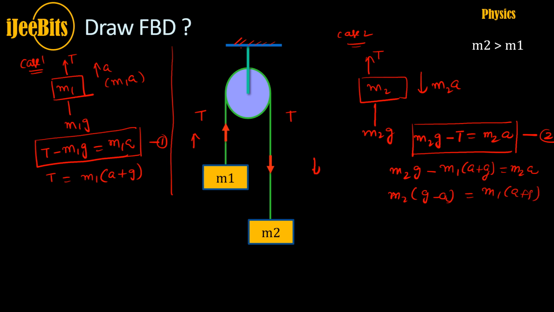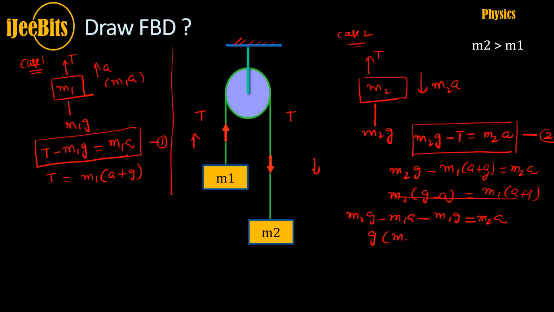Am I missing something here? What we wanted is to calculate the A value, so this A should be taken out. No, this is wrong, right? So here M2G minus M1A minus M1G equals M2A. So M2G and M1G, you can take G common.